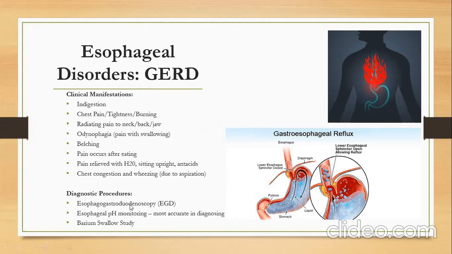Diagnostic procedures are going to include the EGD and esophageal pH monitoring, which I've never seen done. These are things that will probably be done in the EGD lab, in the endoscopy lab, sorry. And a barium swallow study is just a radiographic exam, like a CAT scan, while they drink this dye, okay?